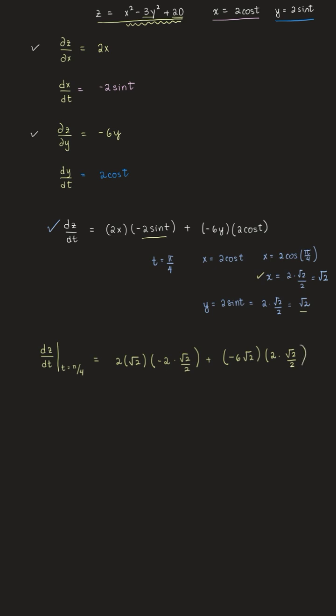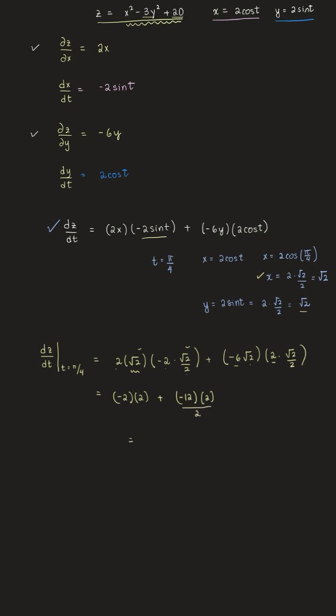So let's simplify this a little bit and see what we've got. For the first term, this is going to be a negative value. So it's going to be a negative 4 from 2 times 2 is 4. So we have a negative 4 divided by 2. That's a negative 2. And the square root of 2 times the square root of 2 is just 2. So there we're getting a negative 4 plus, and for this second term, we have a negative 12 times the square root of 2 times the square root of 2 is 2, and then divided by 2.